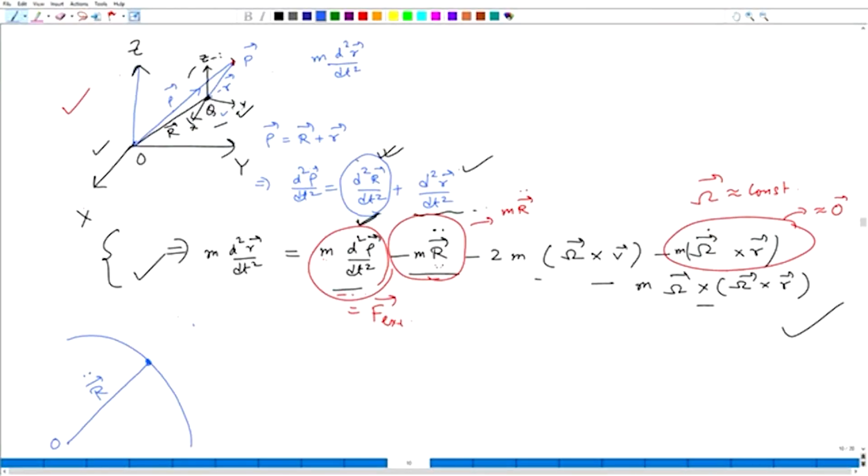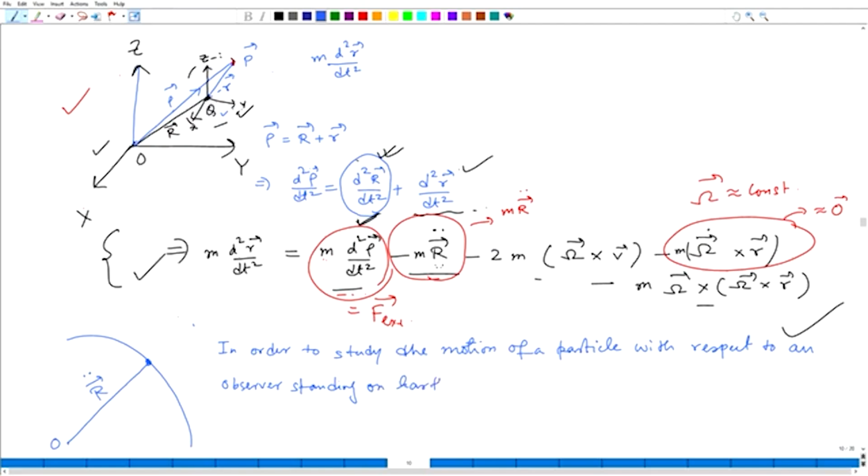So, okay, just to write, in order to study the motion of a particle with respect to an observer standing on earth, okay, we neglect the effect of seasonal motion of earth around the sun, okay, that we neglect.